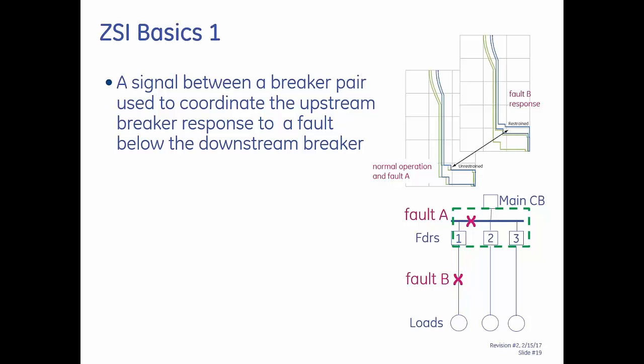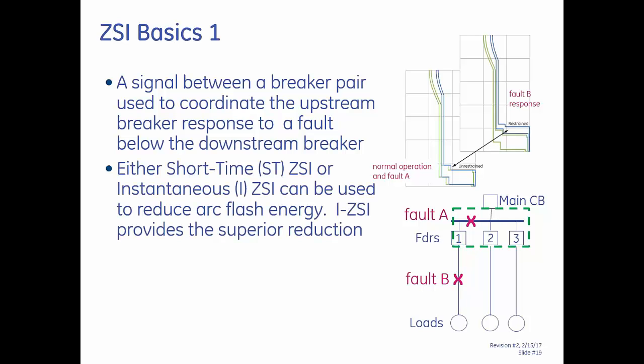And that basically tells the upstream breaker that, hey, my downstream partner in this scheme sees the same fault I do, therefore I will shift my settings to give the downstream breaker an opportunity to clear the fault before I commit to tripping. This essentially then retains selective coordination while allowing the upstream breaker to be set lower than would normally otherwise be possible without giving up coordination.